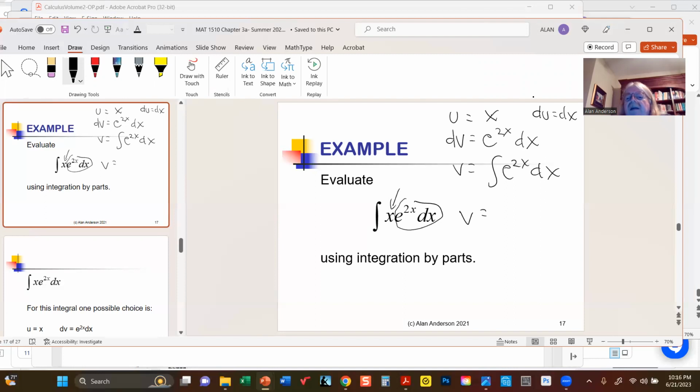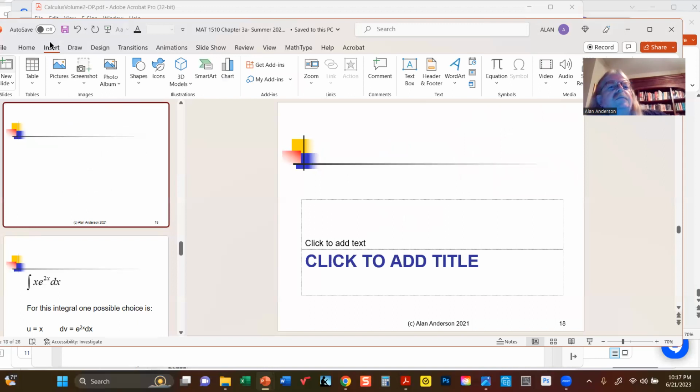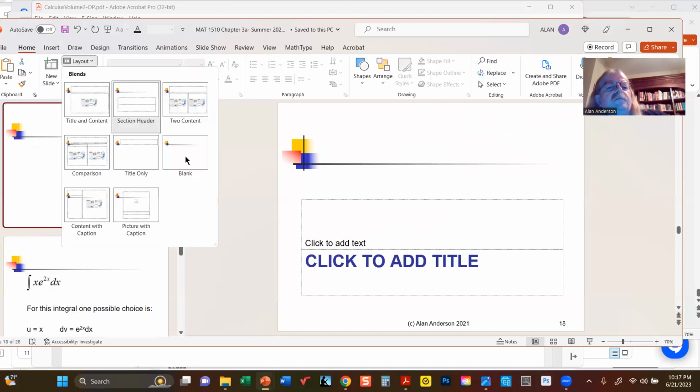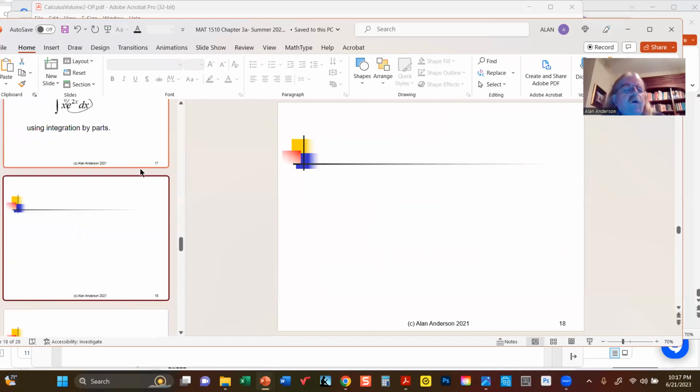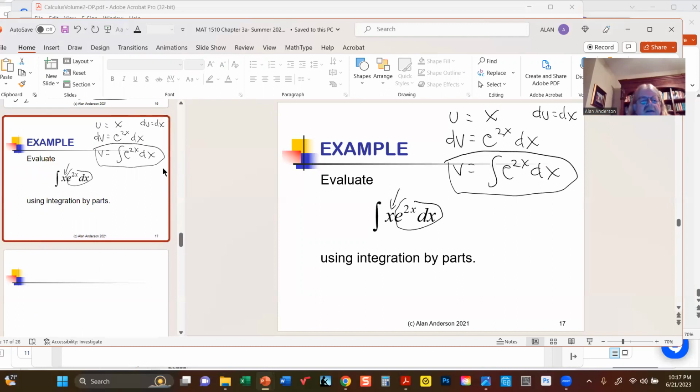Now, this by itself can be approached with u substitution. All right, this is something that's not that difficult. Let's go down here and try it. So if all we have is this piece, v equals the integral of e to the 2x dx.